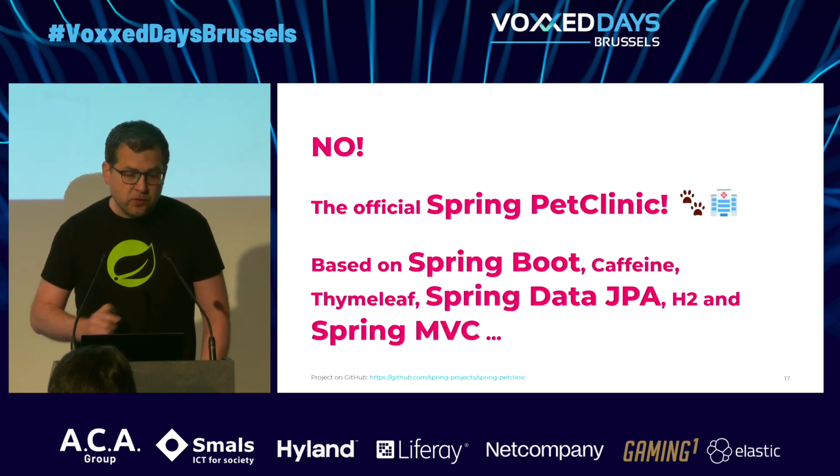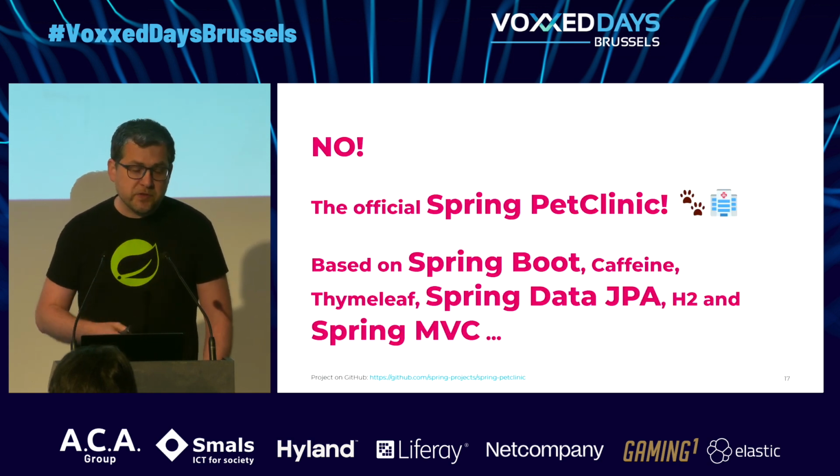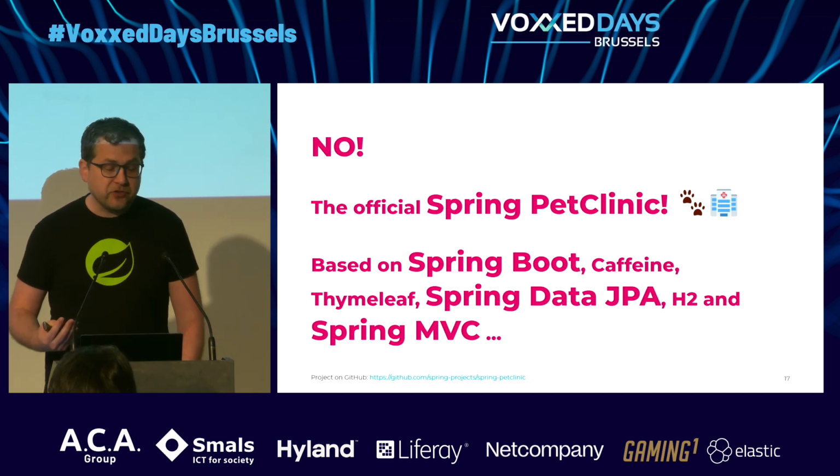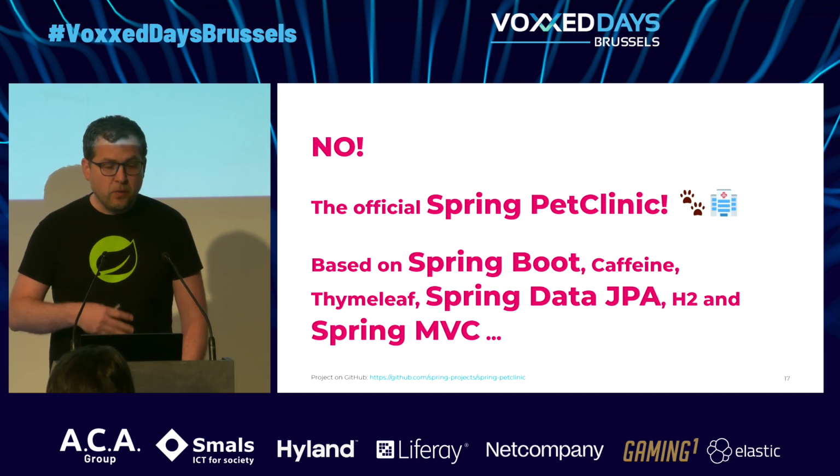But I'm going to tell you, no, we are not using one of those. We are using the original Pet Clinic for our examples here. It's based on Spring Boot, it uses Caffeine for caching, and it uses Thymeleaf for server-side rendering. We also use Spring Data JPA for data access, and H2 as an in-memory database.